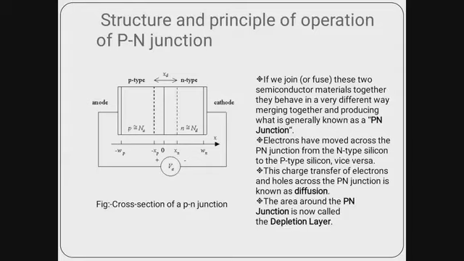Here Na means the acceptor impurity, because the p-type bead is basically an acceptor type bead. That is why the impurities which we have added are all acceptor type impurities.